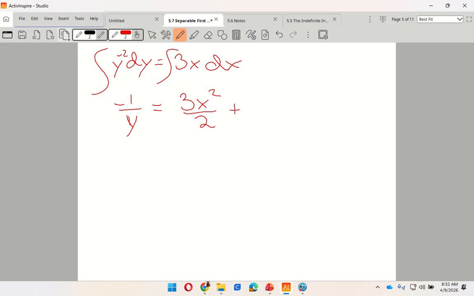They're eventually going to cancel each other out because technically it's going to look like this. Then I'm going to go like this. I'm going to go minus C1, minus C1.